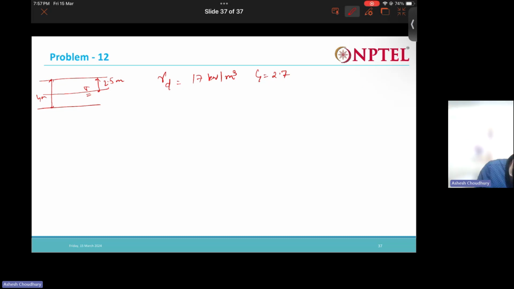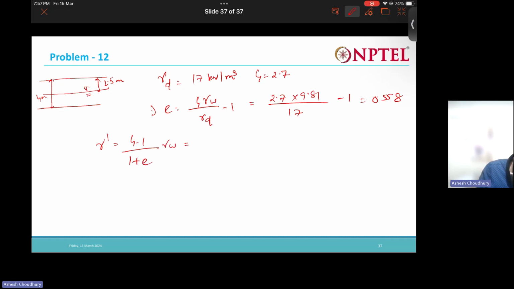From here I can find e as G gamma w by gamma d minus 1, 2.7 into 9.81 by 17 minus 1, so 0.558. Submerged will be G minus 1 by 1 plus e into gamma w. This will be 2.7 minus 1 by 1.558, which is going to come out as 10.7.